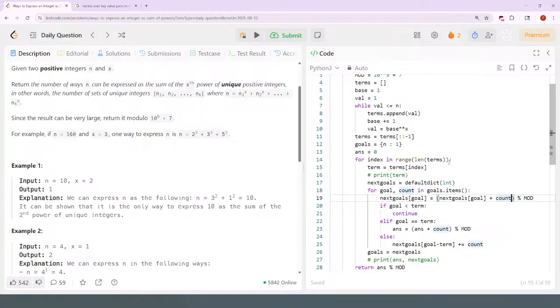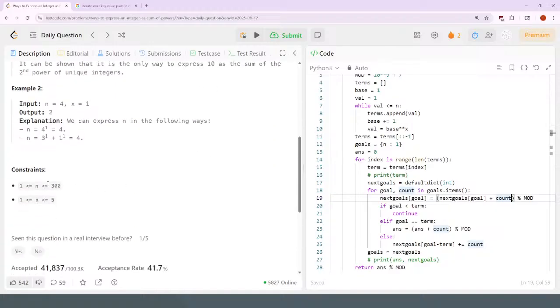Yeah, I think I might be overcomplicating it with the default dictionary because they have a value of n that's capped at 300, so the array could be capped at 300.